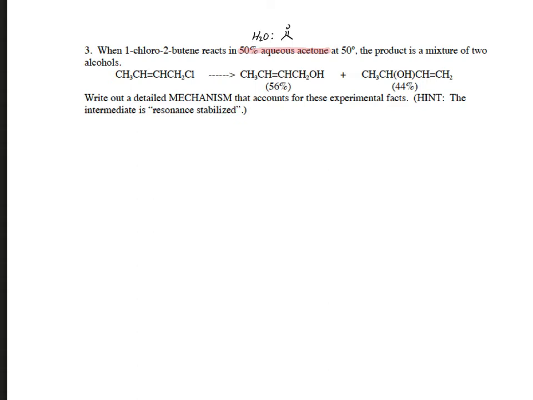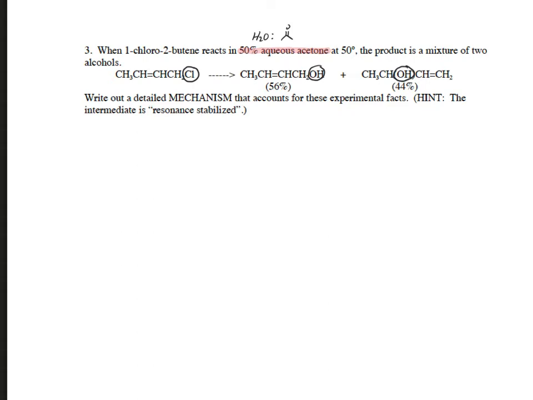And if we analyze what is in the products in order to figure out what's happening, I can see that in both of them I have an OH that's been incorporated. And in my reactants, I started with a chlorine.